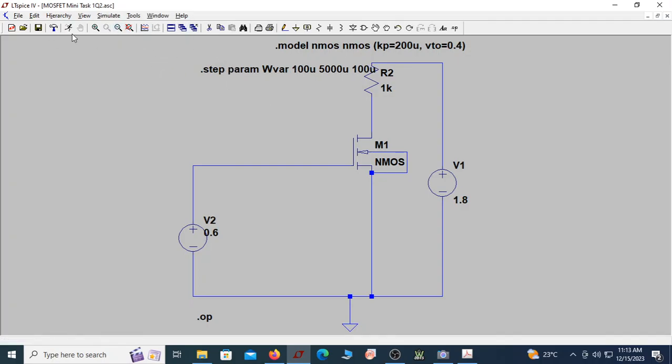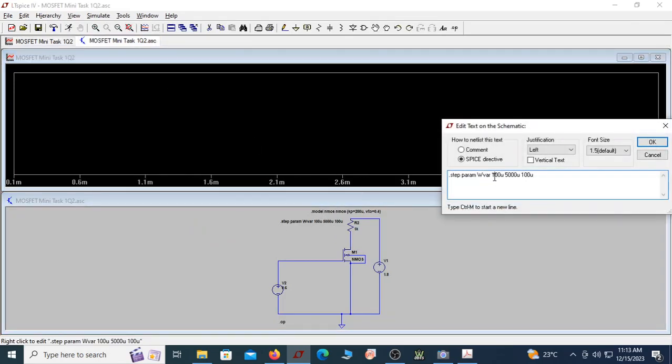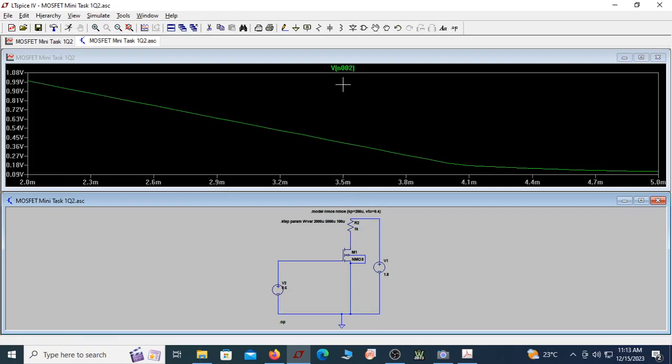Okay, that was okay now. If you want to change this to 2000, you can certainly do it. It's actually varying from 0.1 milli to 5 milli. So if I change the range, it is now changing from 2000 micron to 5000 micron. If I find the value of this VDS, see, now this is the value of VDS.